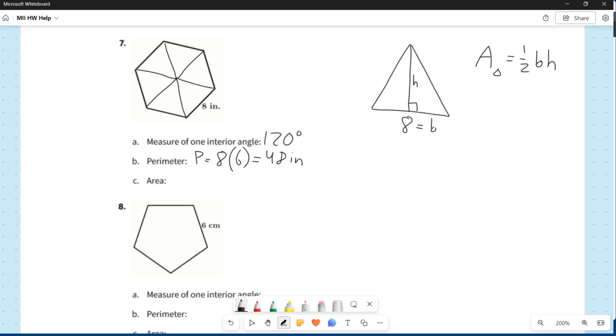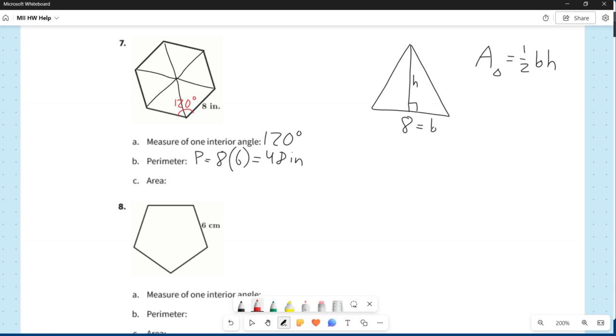In order to find h, we are going to have to use some trigonometry. And specifically, notice that for 7a, we found that the measure of one interior angle, which I'm going to go back to the original hexagon, so that angle in red is 120 degrees.